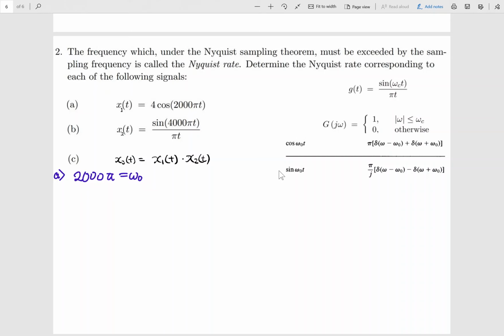So then I can see the Fourier transformation of x1(t), actually curly braces are better, is equal to 4 times, just use 4 times by linearity, 4 times pi delta(omega minus 2000 pi) plus delta(omega plus 2000 pi).